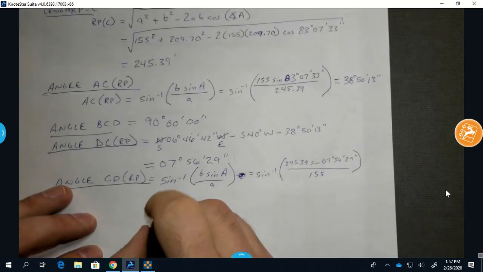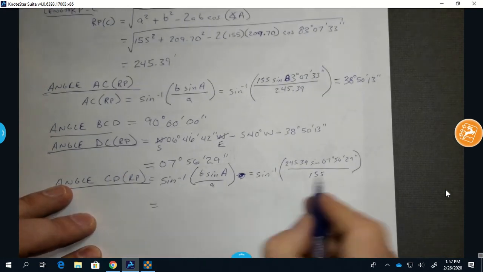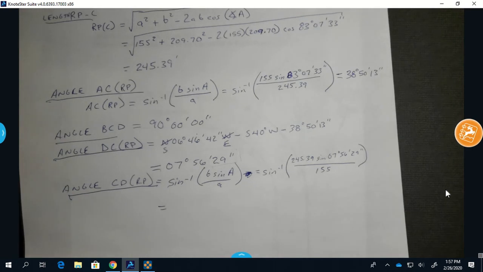Okay, so let's calculate it quick: 245.39, and then 0.7 degrees, 56 minutes, 29 seconds. Take the sine of that, times them, divided by 155.